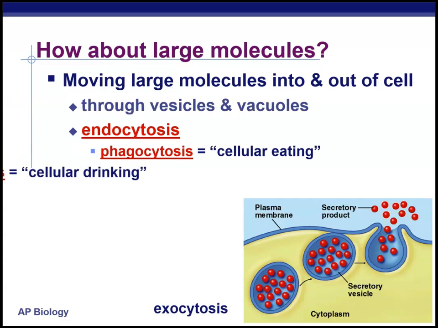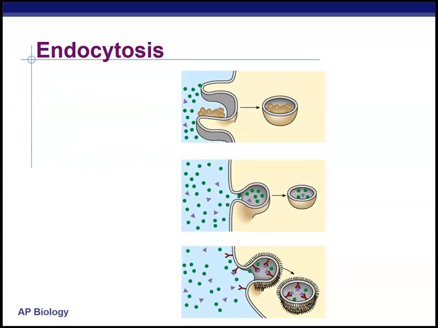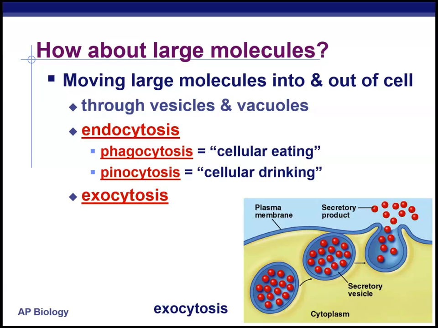How about large molecules? Because those have to get through as well. Well, that is possible also. Remember I mentioned that those phospholipids are not just static and staying in one place.